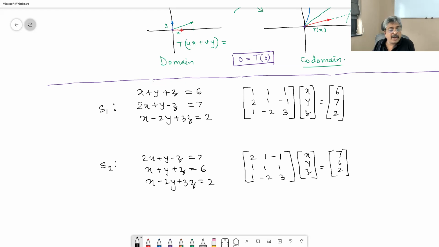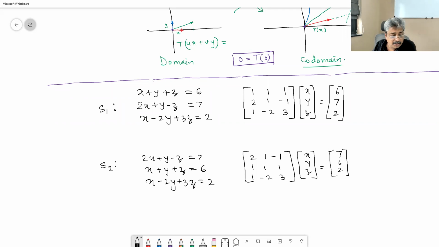And whatever is the solution set of S2 will be the solution set of S1. That is common sense. You can write these equations in a different order, and still the solution set will remain the same. So S1 is equivalent to S2.